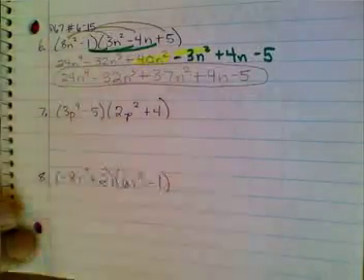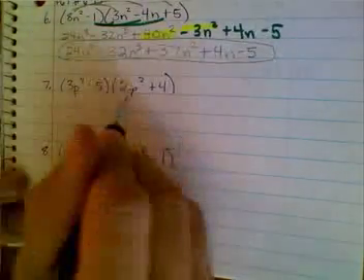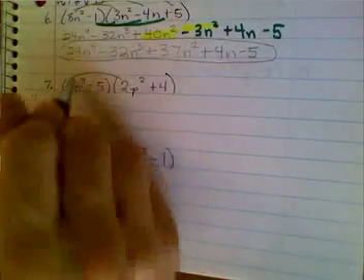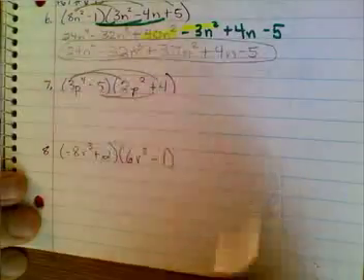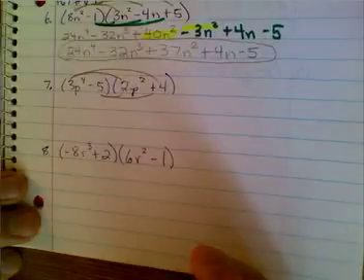Okay, number 7. FOIL, because it's two binomials. So first, outer, inner, last. And you might not even use the word FOIL. You might just always use the word distribute, because that's what you're doing.